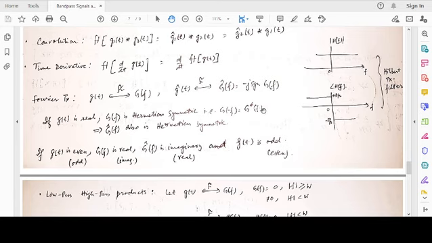So, if that is the case, what can we conclude about g cap(t)? G cap(f) is what? Minus j signum(f) G(f). Actually I made a mistake, it's minus j signum(f) G(f), it's not signum G(f). So please correct this.